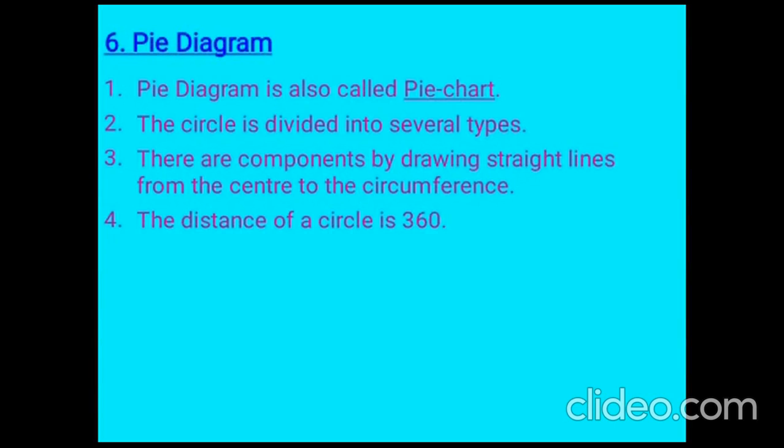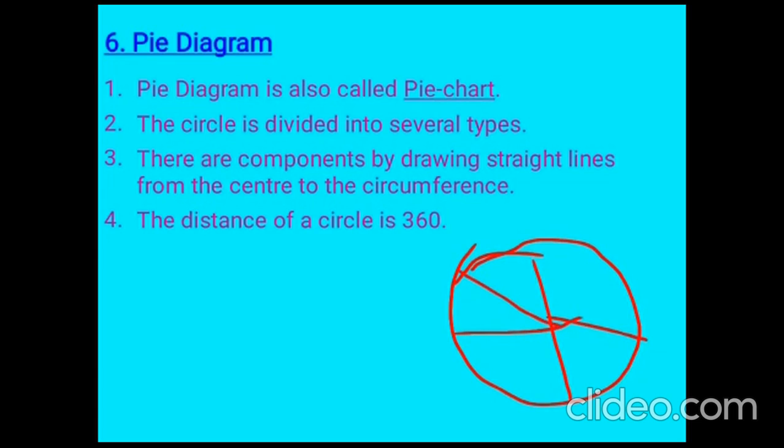Normally, we are all familiar with the word pie diagram or pie chart. See here, pie diagram is also known as pie chart. The circle is divided into several components by drawing straight lines from the center to the circumference.